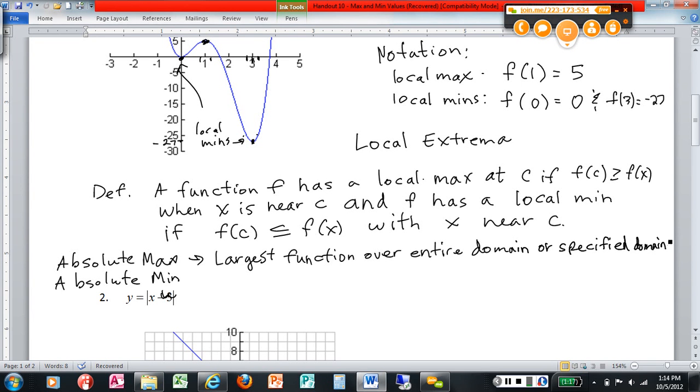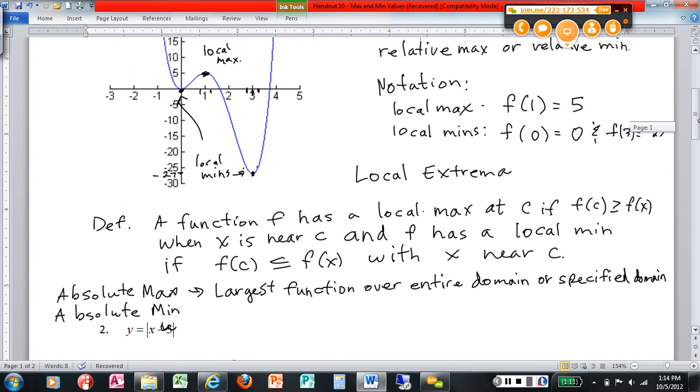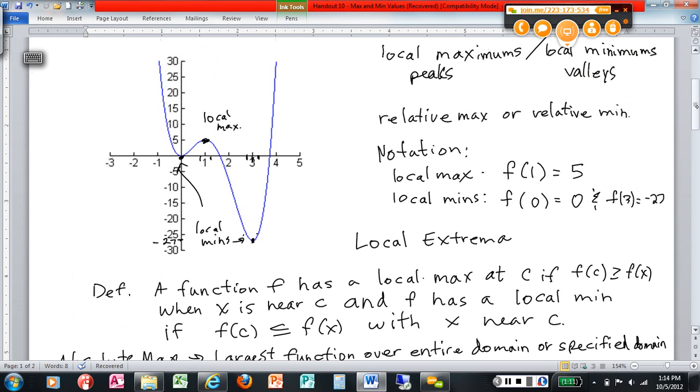This one's not a good example for absolute max, because if we go back to the example I have here, does this one have an absolute max? Well, the absolute max is the largest value for the entire domain. And since these values go up and these values are headed up, that graph just continues going up and up and up.